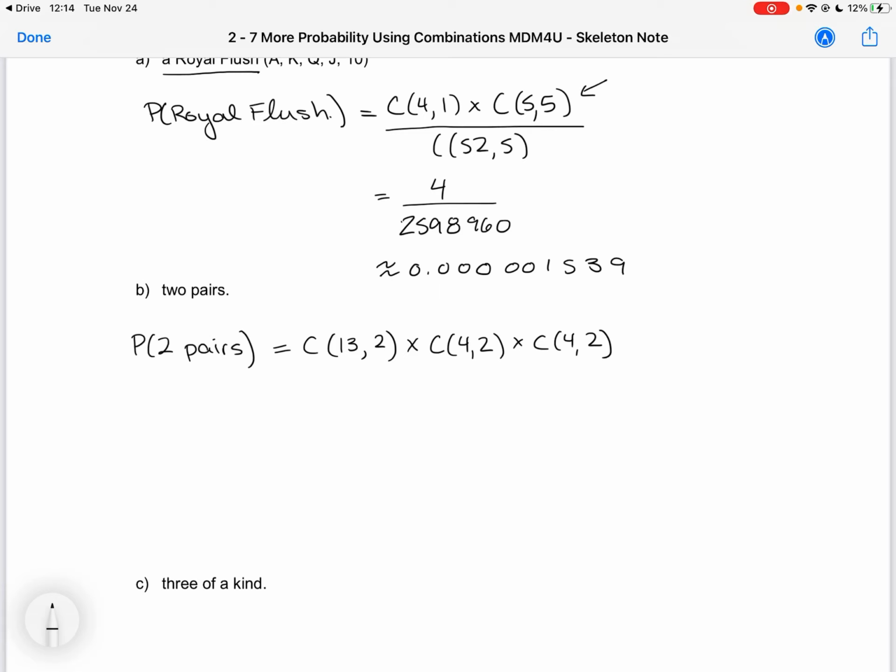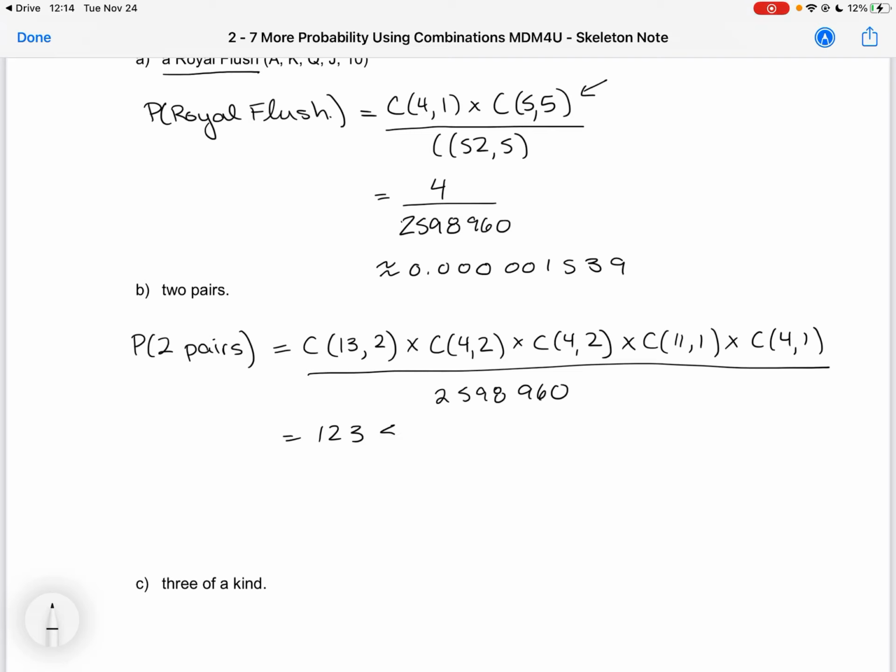Since you're still drawing a 5-card hand, you also need to account for the lone card. Okay, so you've chosen 2 pairs, so you've got 1 card left to choose, and you've got 4 possible suits to choose that lone card from. Okay, bottom number is still the same, just our number of possible 5-card hands.